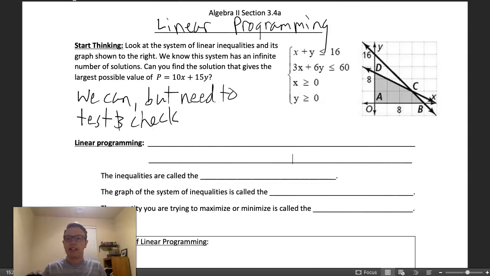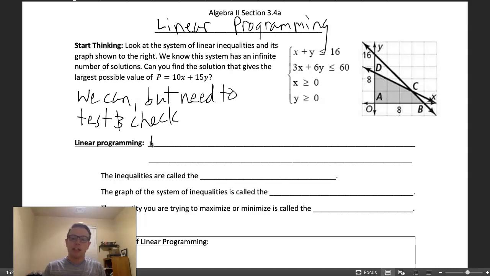This is really all that the idea of a linear program is. Linear programming is a way to find a maximum or minimum value of a quantity if we're constraining it, right? We're constraining it here. We're trying to find the maximum for p.